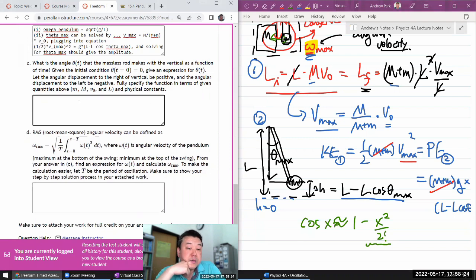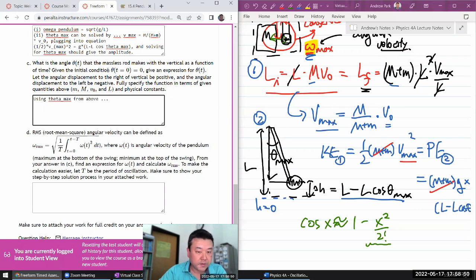So it says, what is the angle theta of t that the massless rod makes with the vertical as a function of time? So this is just asking you to remember the mathematical expression for oscillatory motion. So I'm going to just use theta max from above.